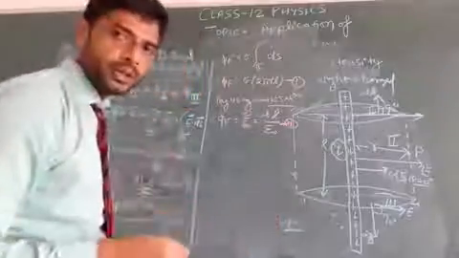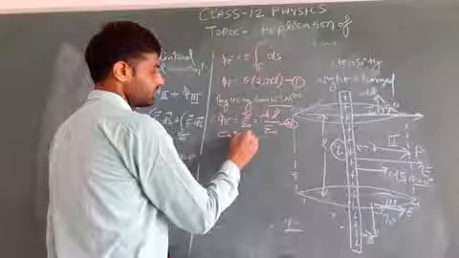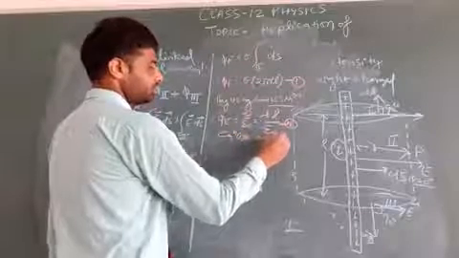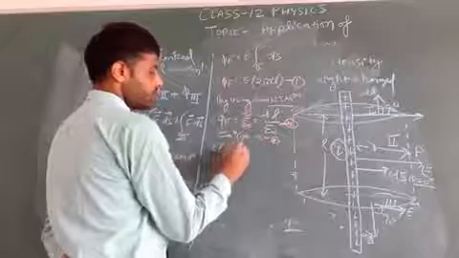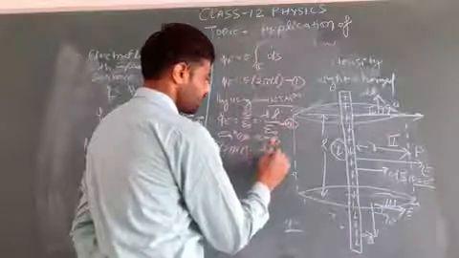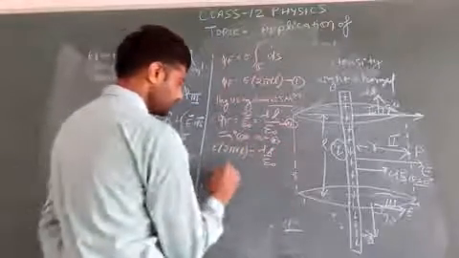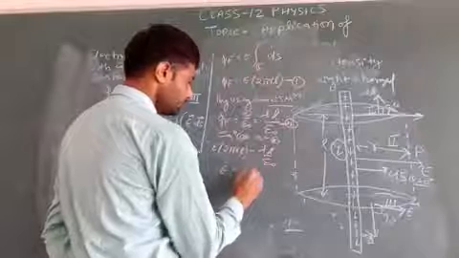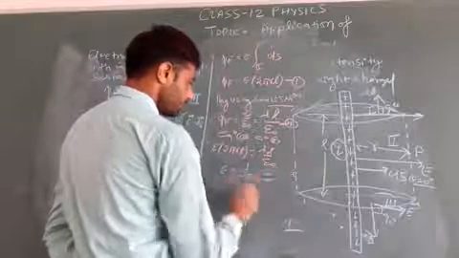By comparing equation first and equation second, E 2 pi r L equal to lambda L upon epsilon naught. Lambda L cancel. E equal to 1 upon 2 pi epsilon naught lambda upon r.